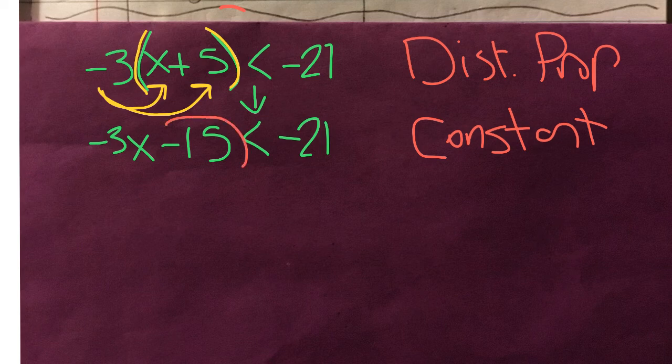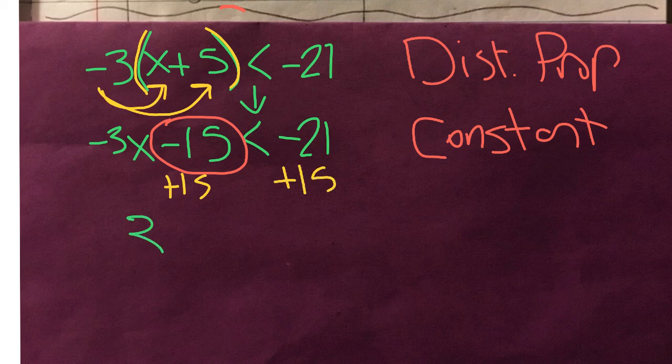So my constant is minus 15, so I need to do the opposite. So I'm going to go ahead and do plus 15. If I do it on the left, I also need to do that on the right. So now I have negative 3x, negative 21 plus 15. That means I'm going back towards the 0, so I'm going to end up here with negative 6.